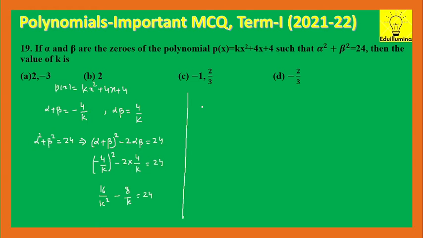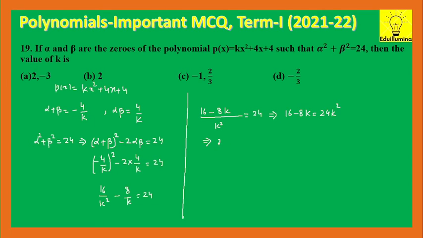So taking the LCM, k square is the LCM, so 16 minus 8k equals 24 k square.